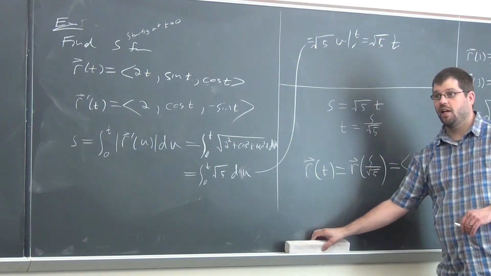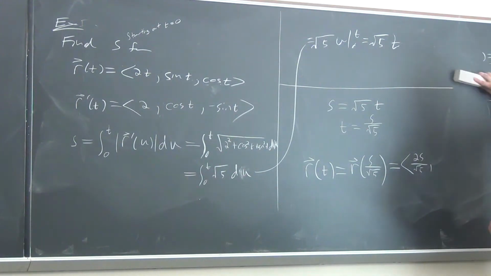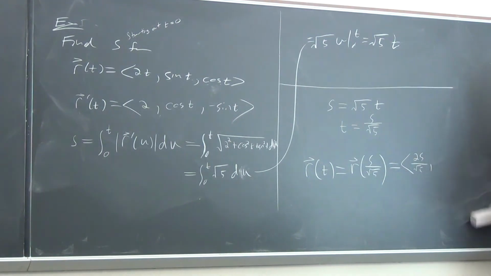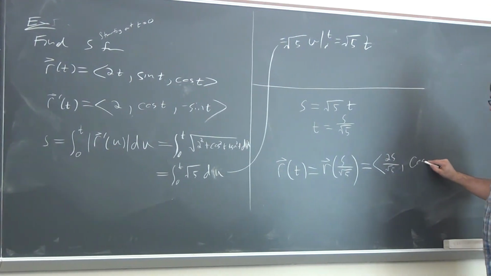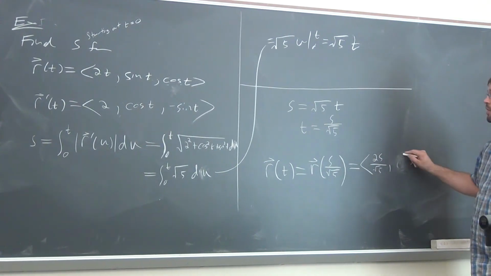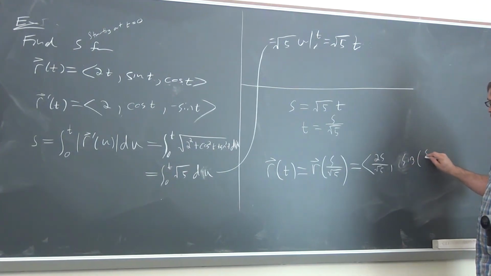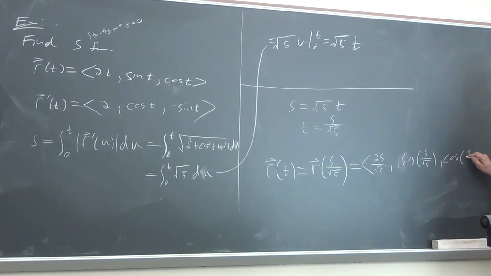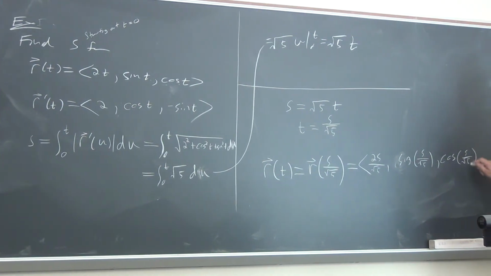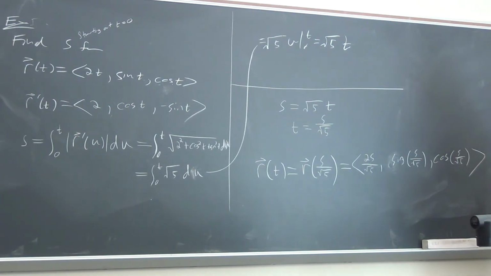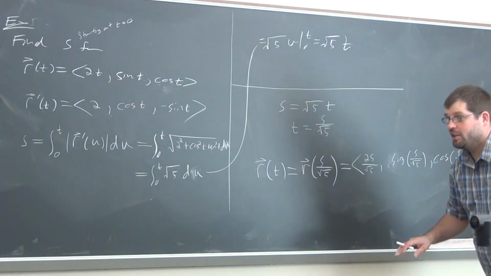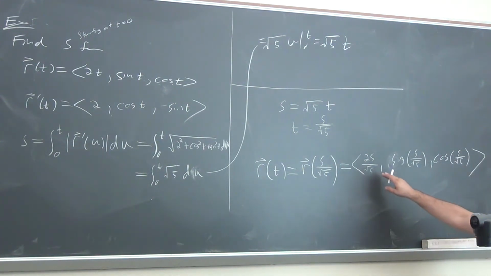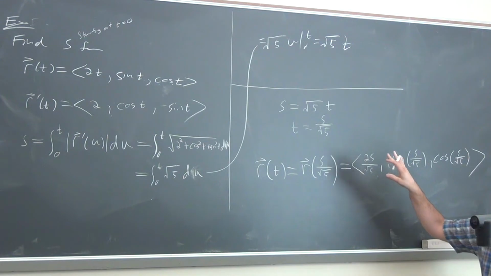And sine of s over root 5, cosine of s over root 5. That makes sense? Does that make sense? So the thing to take away here is just, this is going to be the same function, right? But now it's got a new parameter.